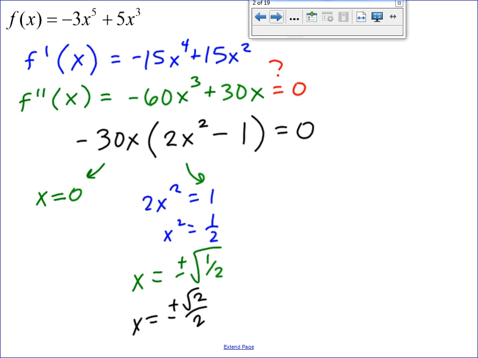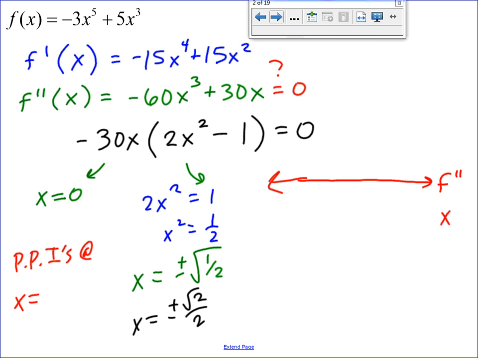All right, so what do we need now? We need f double prime. So we got my f double prime number line. And I'm going to get a little bit longer here because we've got some work to do. So we need 3 possible point of inflection x coordinates.